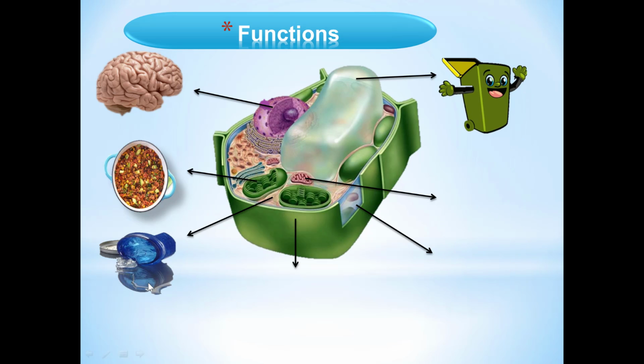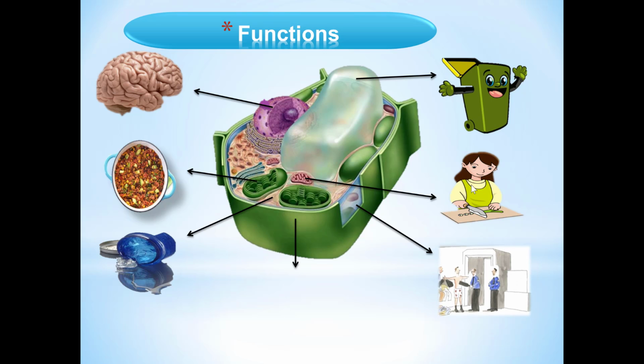We name it cytoplasm, and the vacuole is like a trash can, a storage area. And we have mitochondria, for releasing energy. When the chloroplast makes food, the mitochondria can turn it into energy and release it.